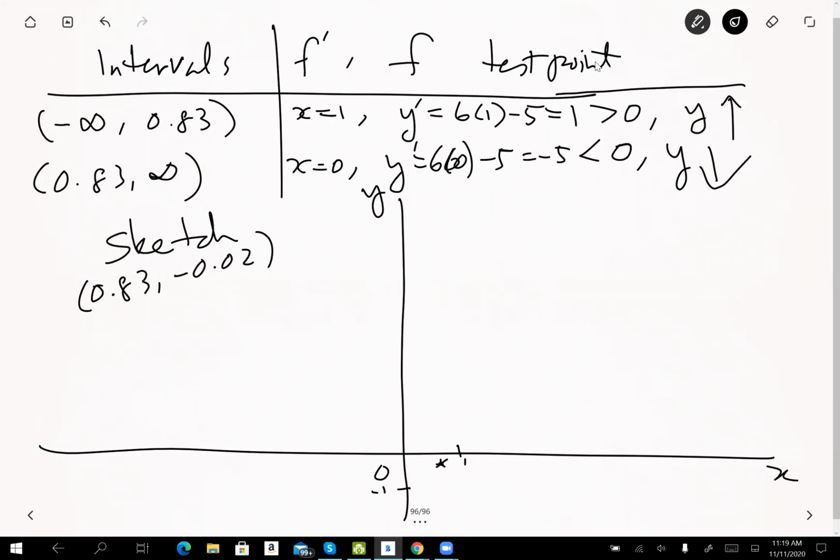We need the location. We need that thing, roughly, a rough location. So that is the critical point where the slope is 0. And then if you look at the graph from the left, if you know the interval on the left, the function is increasing. The derivative is positive, so the function is increasing.